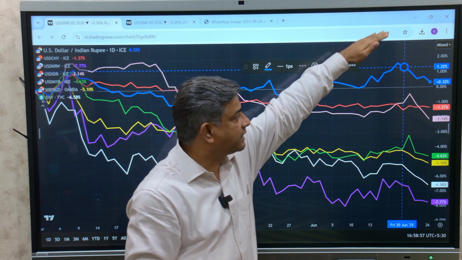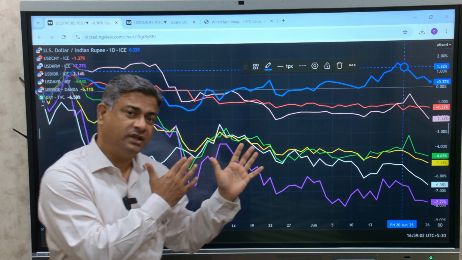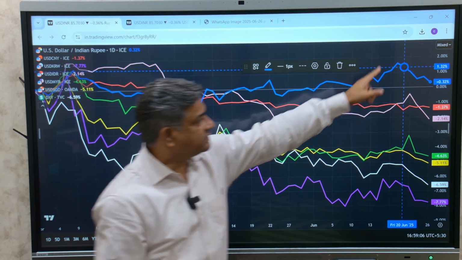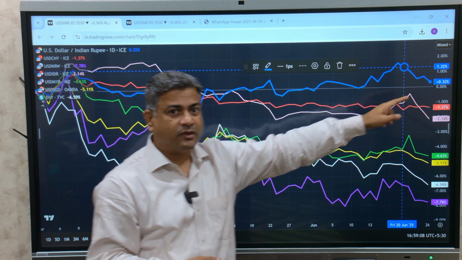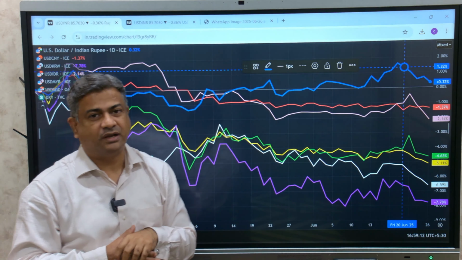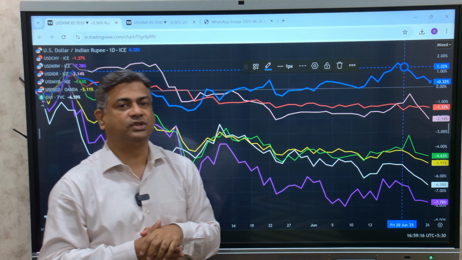INR is higher, so it is still in the positive territory. But after last week till now, just 4 working days, we have seen the dollar-INR coming down, which means that it is now coming slightly in tandem with the weak dollar index and following the gains of other Asian currencies.